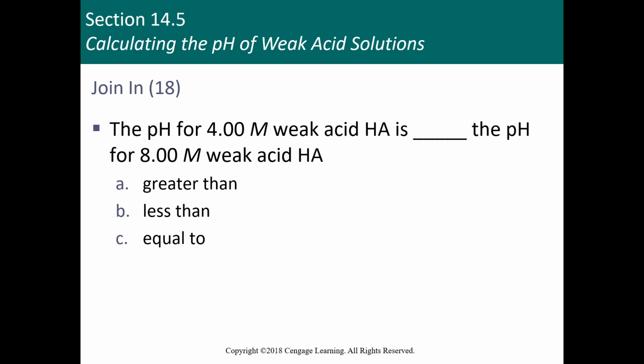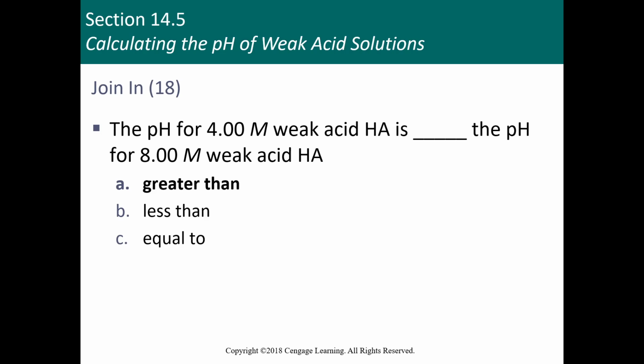The pH for the 4 molarity weak acid, HA, is blank than the pH for the 8 molarity weak acid, HA. Again, this is a case where you have 4 molarity, a lower concentration here.